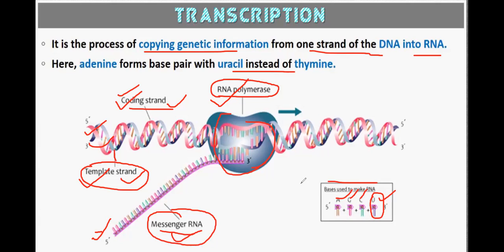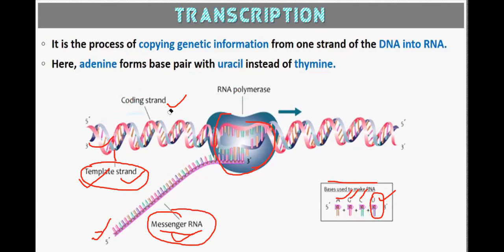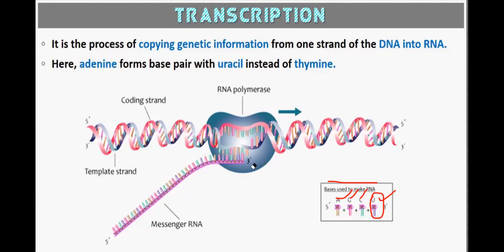The raw material, the nitrogenous bases used, are adenine, guanine, cytosine, and uracil, instead of thymine. And you have to always remember that the newly synthesized messenger RNA is always synthesized in the 5' to 3' direction.